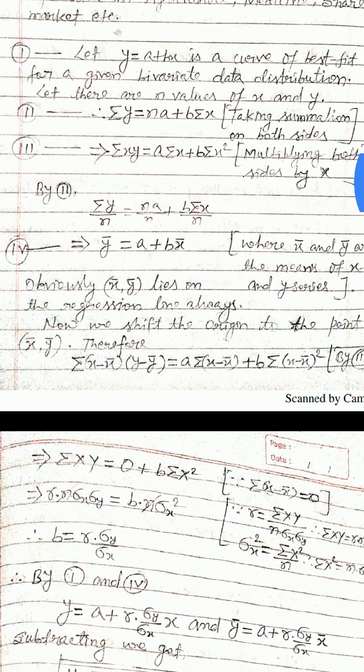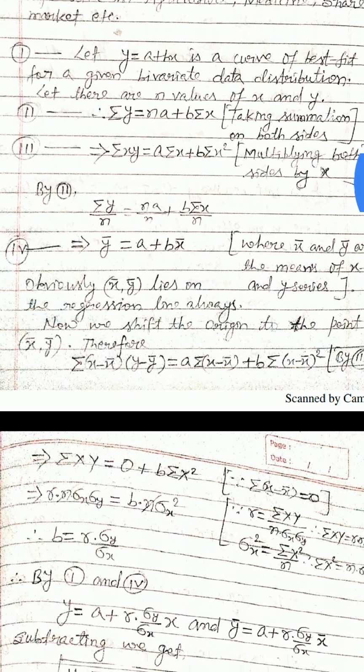What is the value of r? The value of r is equal to summation of capital XY by n into sigma x into sigma y, which we derived in the previous video when we derived the equation of the correlation coefficient.